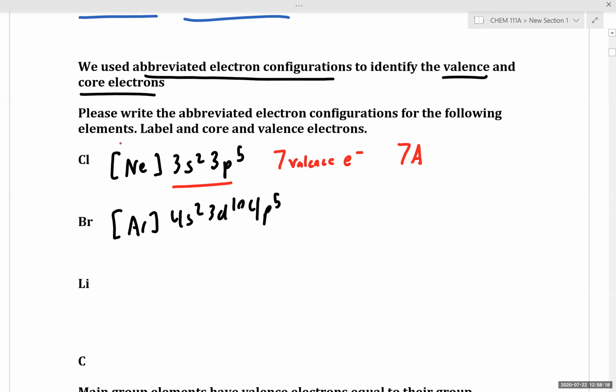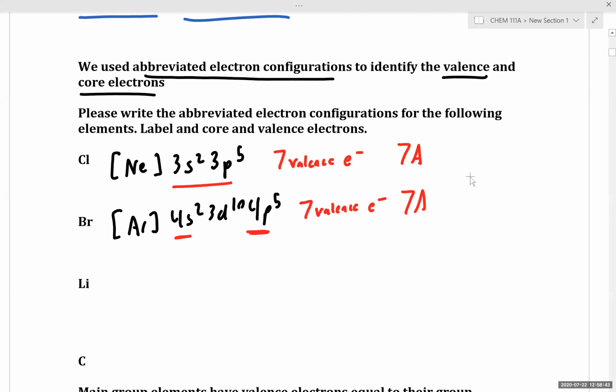Don't be shy to type your answers in the chat. 7, right. Only the electrons in the largest n-value orbitals, the electrons farthest from the nucleus, are considered valence electrons. So bromine also has 7 valence electrons, and it's also a 7A element.